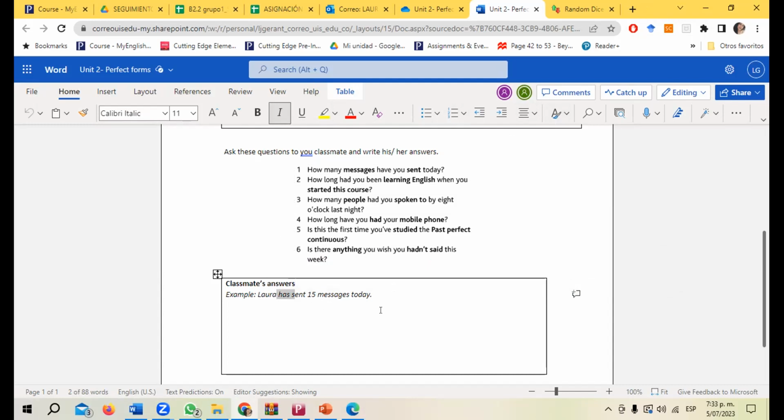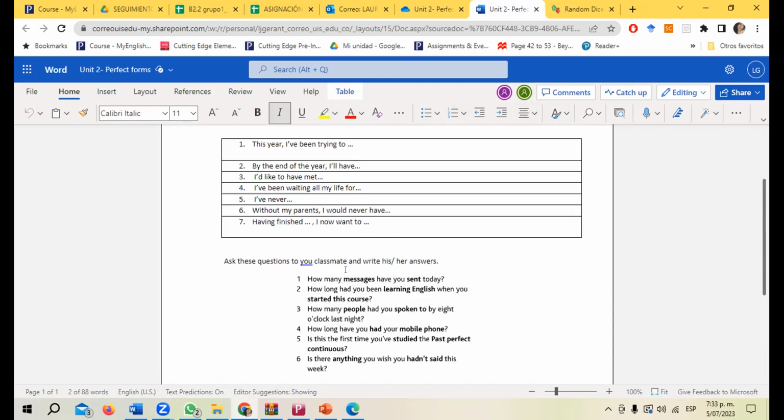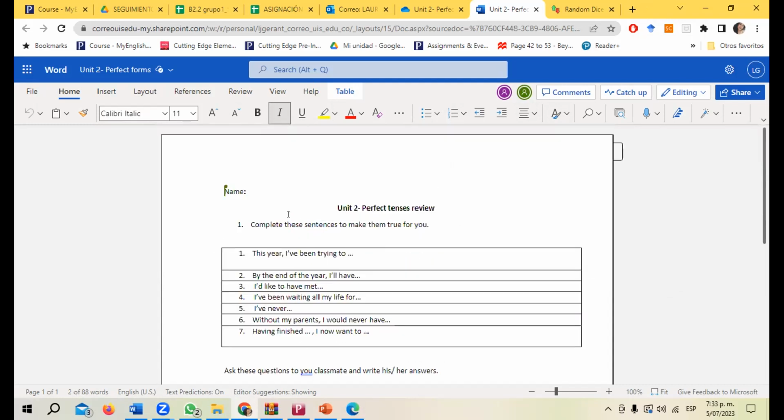So, now you will have time to work in pairs. I will create the groups, the couples, to ask the questions and answer, ¿ok? Yo creo que en estos minutos que nos quedan, 10 o 15 minutos, pueden hacer la parte en grupos y la parte individual será como tarea. Mañana tendrán tiempo de subir su documento antes de la clase, hasta las 6 de la tarde.